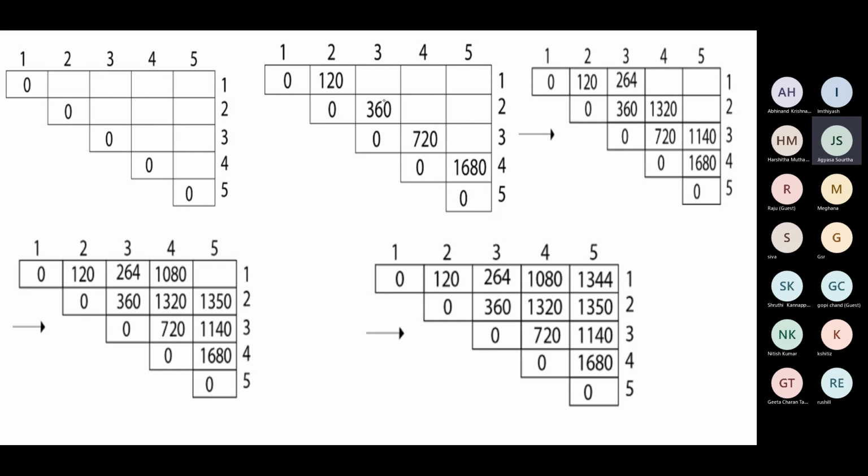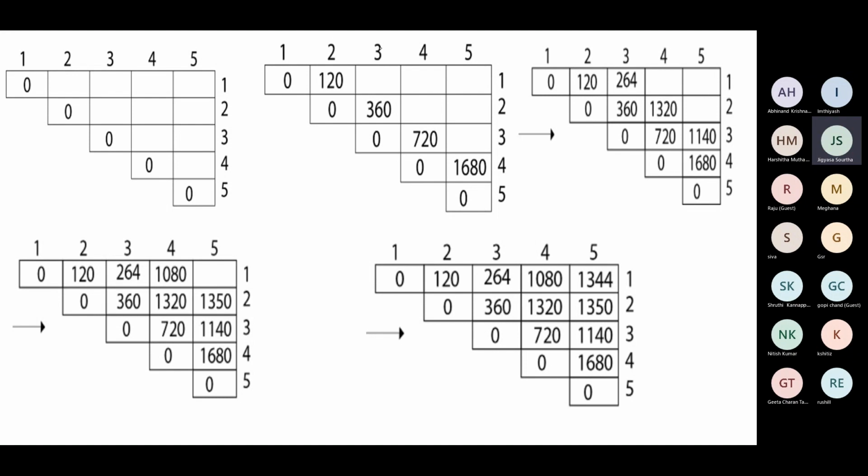Then you find the cost for matrix 2 and 3, similarly 3 and 4, and 4 and 5. If you have 1, 2, 3, 4, 5, you can take 1, 2, or 2, 3, or 3, 4, or 4, 5. This is how the table is filled in the first step, in which the length was 2.